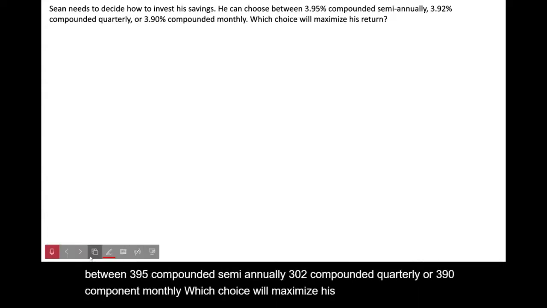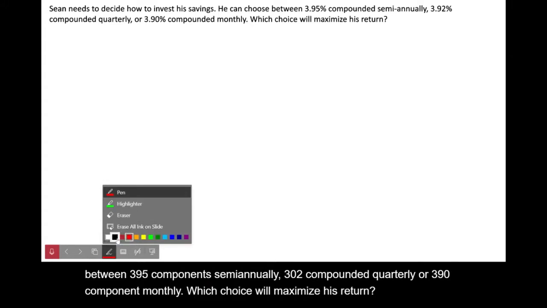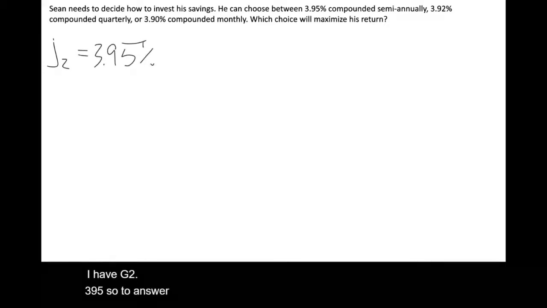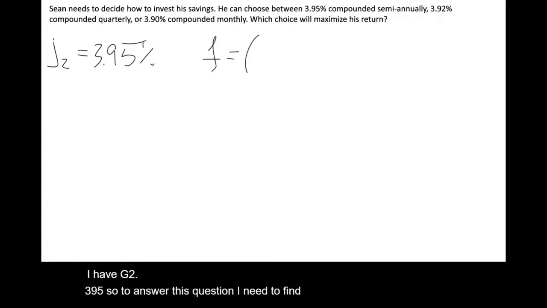So next, C needs to decide how to invest his savings. He can choose between 3.95% compounded semi-annually, 3.92% compounded quarterly, or 3.90% compounded monthly. Which choice will maximize his returns? Okay, so let's start from the first one. I have J2 3.95%. So to answer this question, I need to find the effective rate F, right?